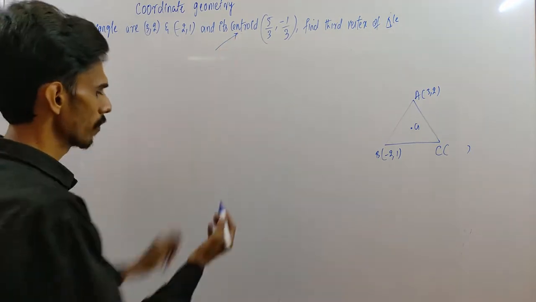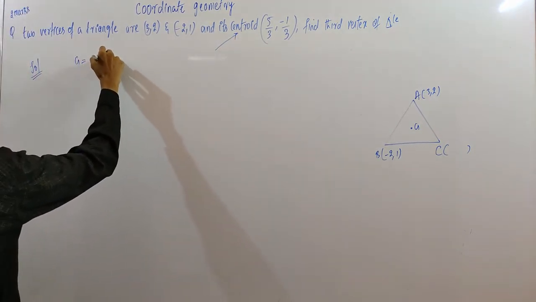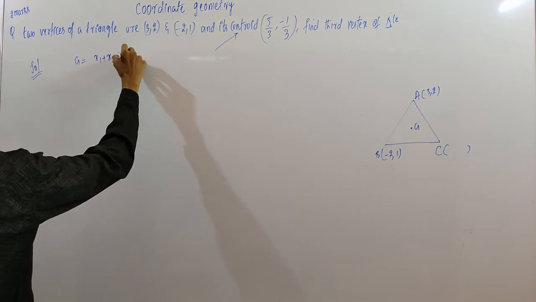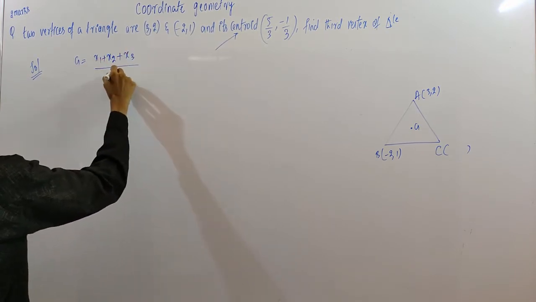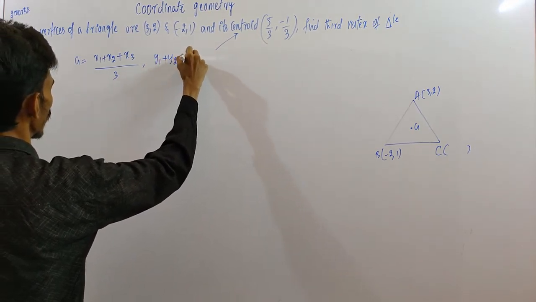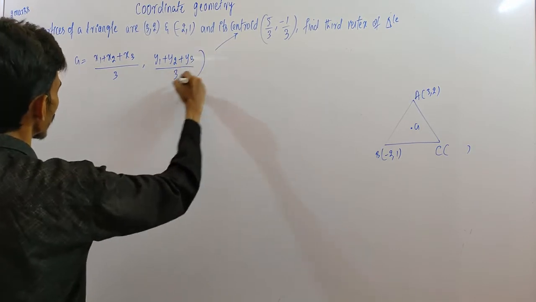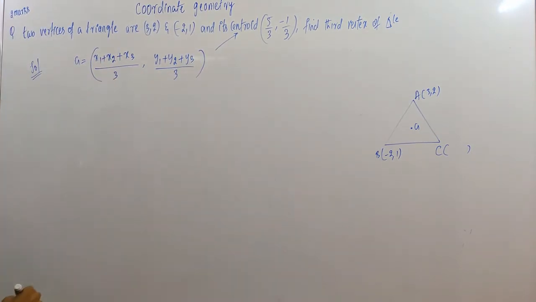Now the word centroid is given, so use the centroid formula. We have G is equal to x1 plus x2 plus x3 by 3, comma y1 plus y2 plus y3. We have three terms, so divide by 3. This is the formula for centroid.